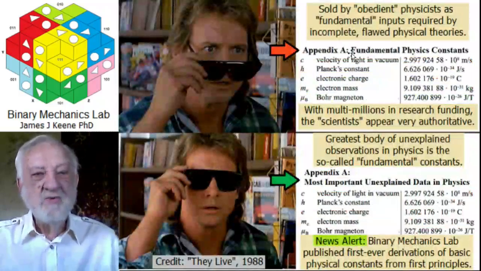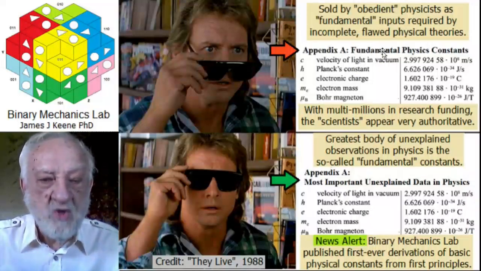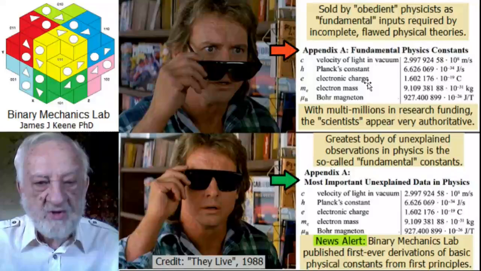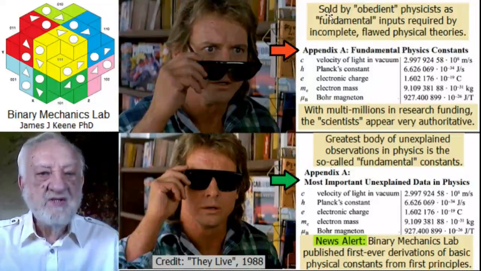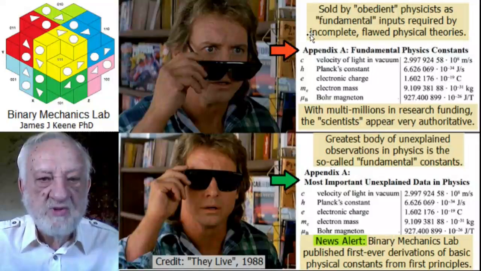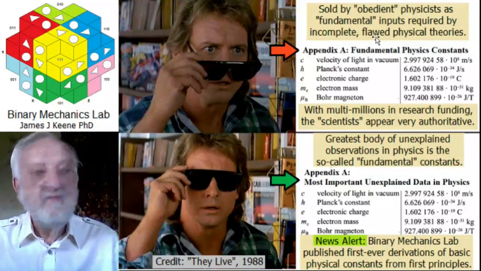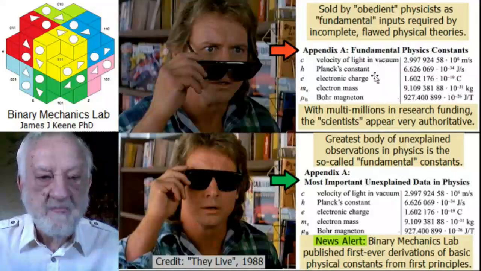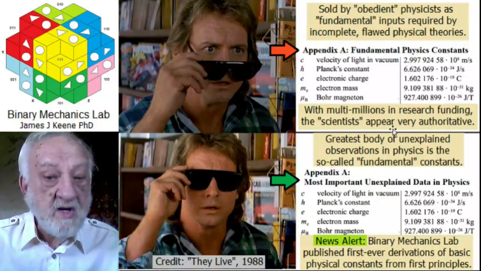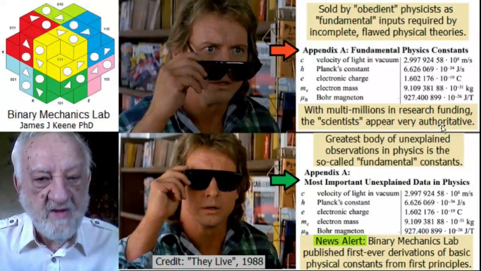Appendix A in almost any textbook is called Fundamental Physical Constants, listing velocity of light, Planck's constant, electric charge, and so forth. And this is sold by obedient physicists as fundamental inputs required by incomplete, flawed physical theories. With multi-millions in research funding, the scientists appear very authoritative.